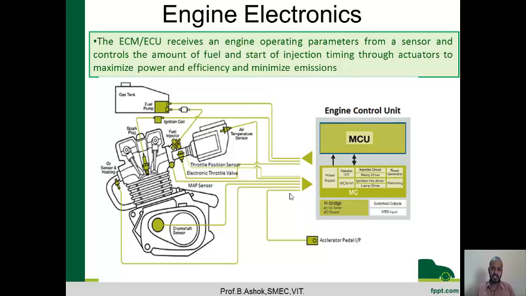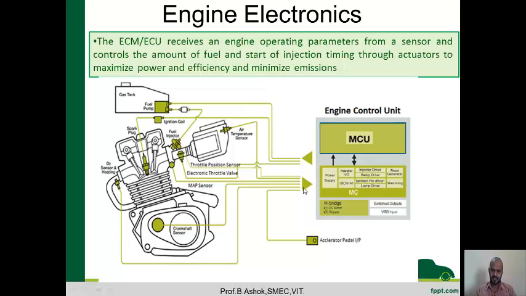And similarly the actuators. For example, here you can see the actuators are the output. For your information, sensors act as the input to the electronic control unit, and the actuators are the output from the electronic control unit. Depending upon the sensor values, the real-time engine conditions will be monitored.